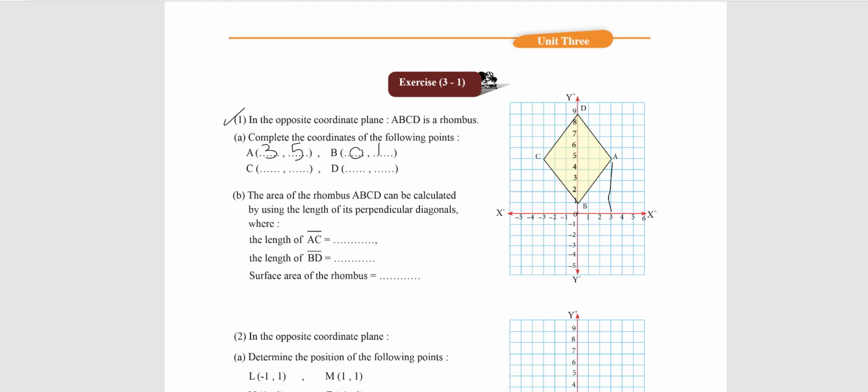Point C, we move on X 3 points to the left and up 5, so that is equal to -3 and 5. The point D equals 0 and 9.